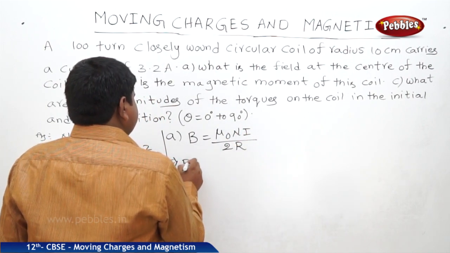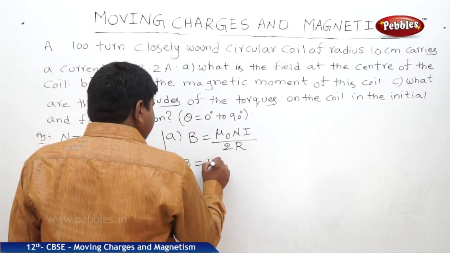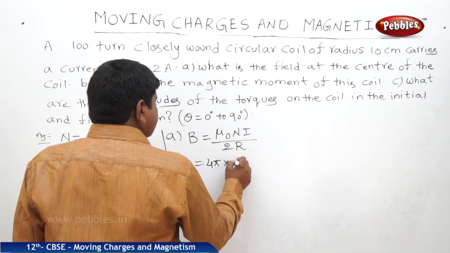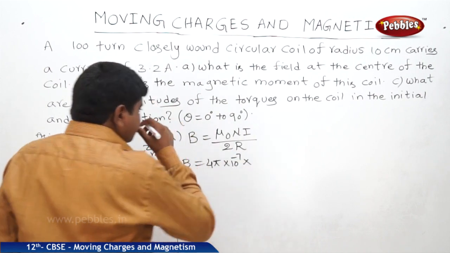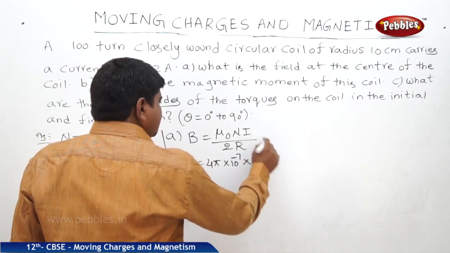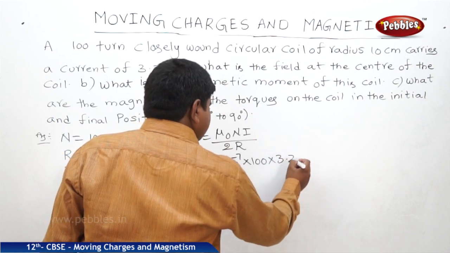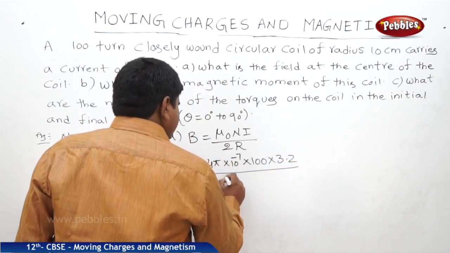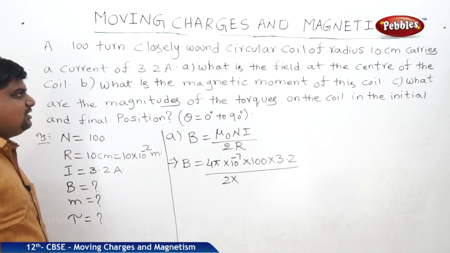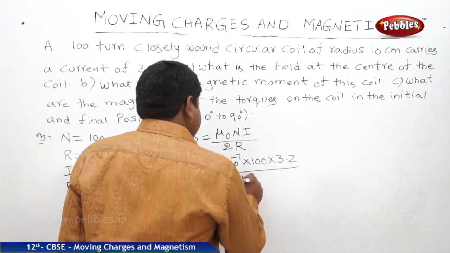What is mu naught? 4 pi into 10 to the power of minus 7. N, number of turns, 100. I, current, 3.2 amperes. Into 2 into, what is R? Radius of the coil, 10 into 10 to the power of minus 2 meters.